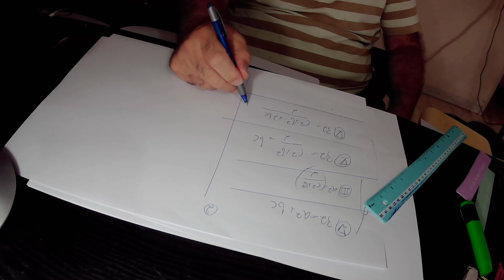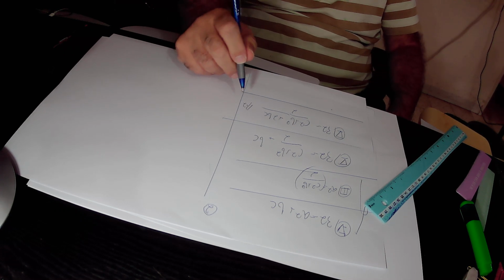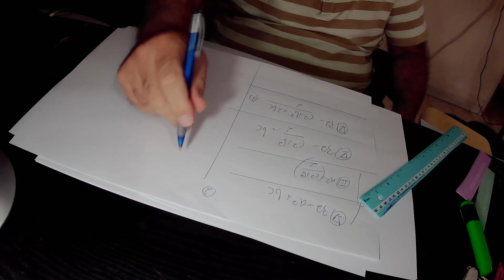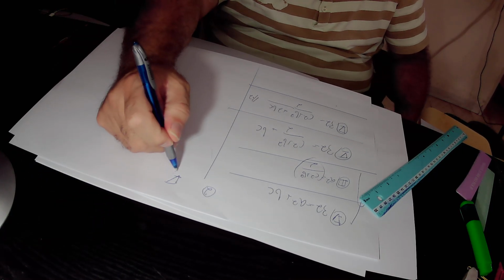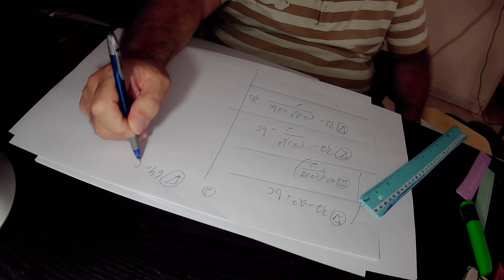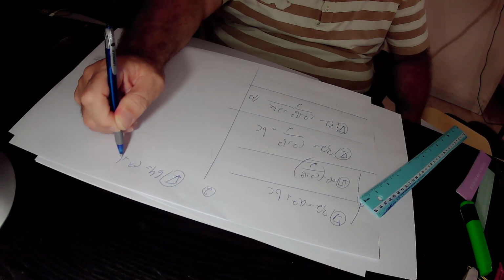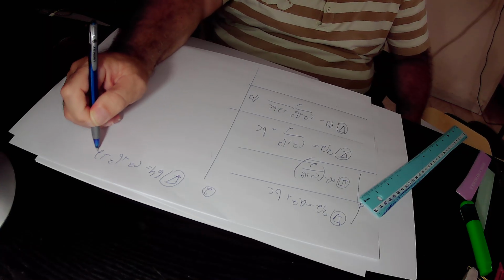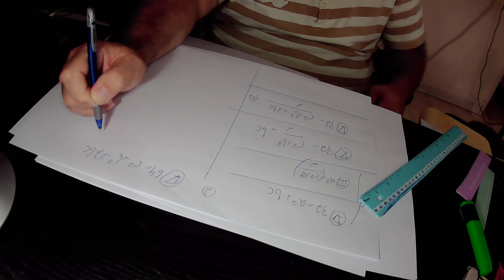So here we multiply equation 5 by 2 and finally get that 32 times 2 is 64, equals C square plus B square plus 2 times b times c.